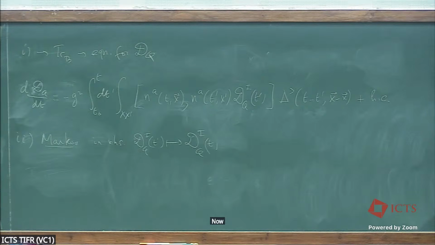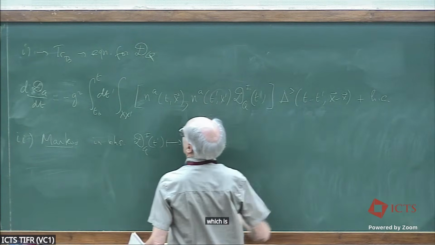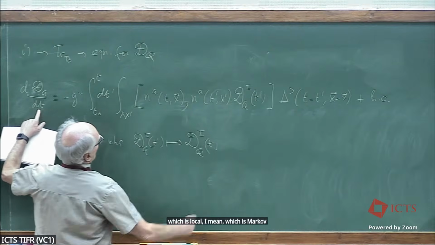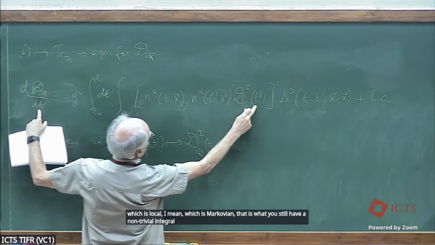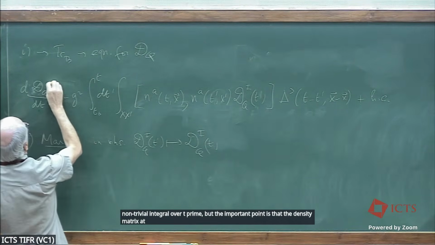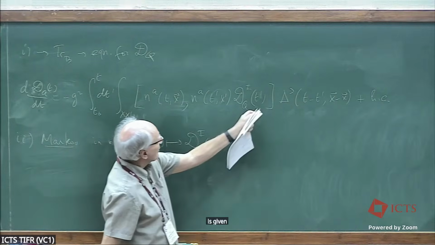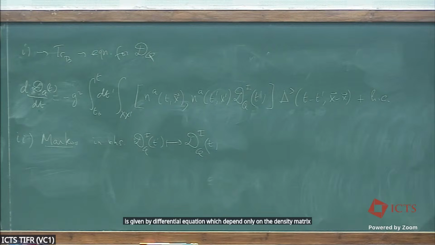Now, if you do these two approximations, then you have an equation which is local, which is Markovian. You still have a non-trivial integral over t prime, but the important point is that the density matrix at time t is given by a differential equation which depends only on the density matrix at that particular time. Okay?